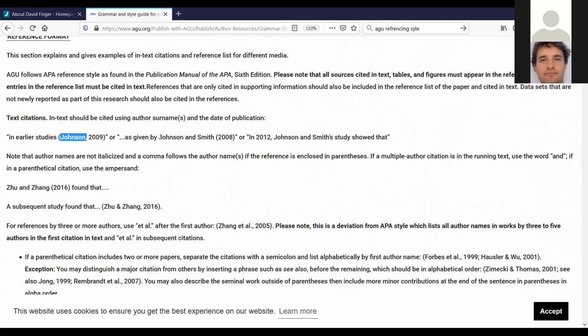If you have two authors, then you would have to list both authors and the year. And if you have more than two authors, then you can put et al. For example, like here. In the text, if you have more than two authors, then you can simply put the last name of the first author, and the year.